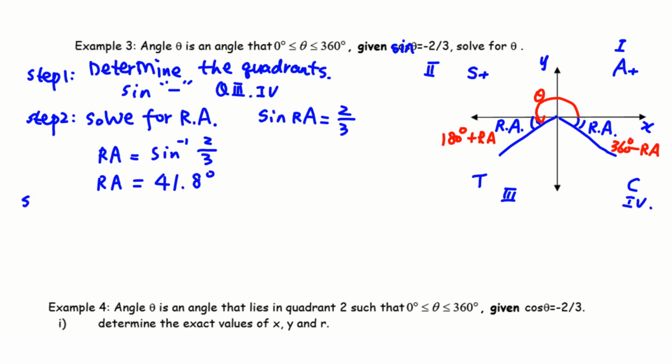Then step 3 is just write the final solutions out in quadrant third. So it's always in third quadrant, the principal angle equals 180 degrees plus RA. So you have 221.8 degrees.